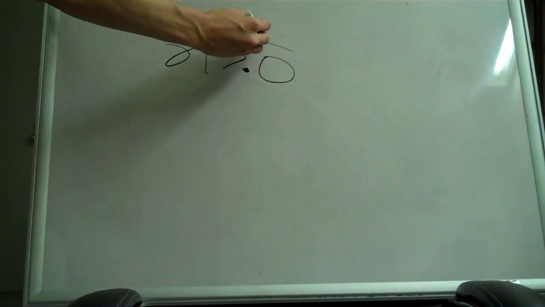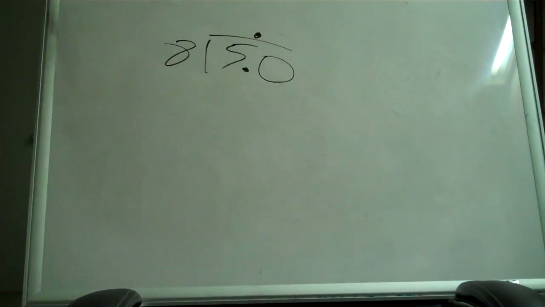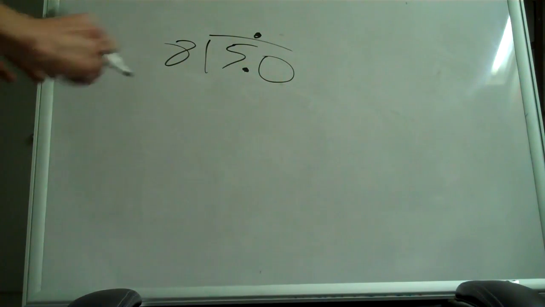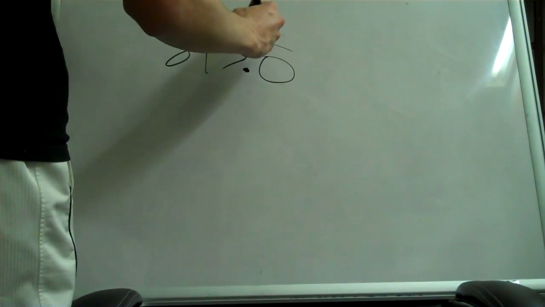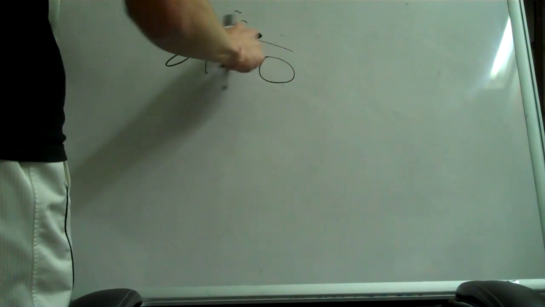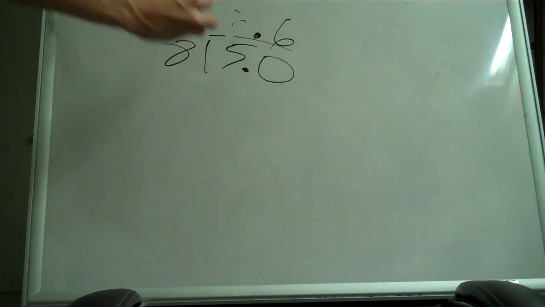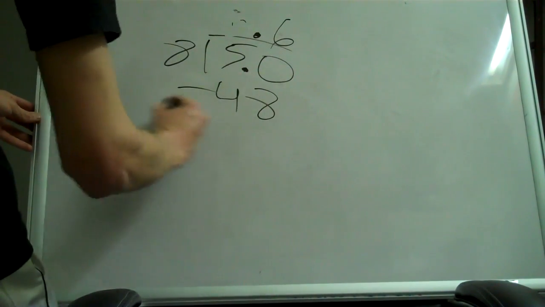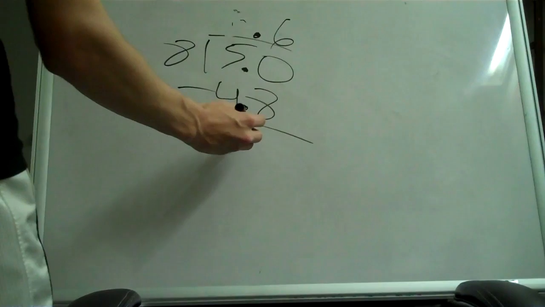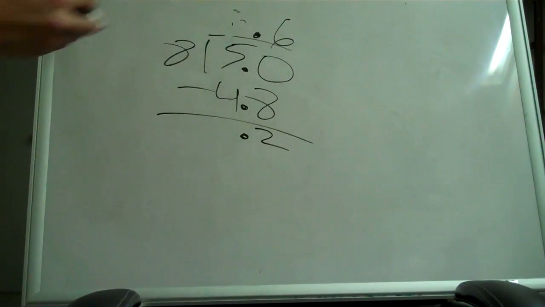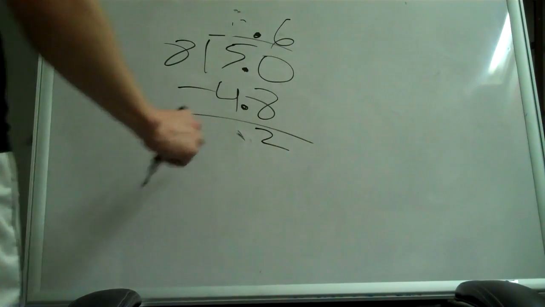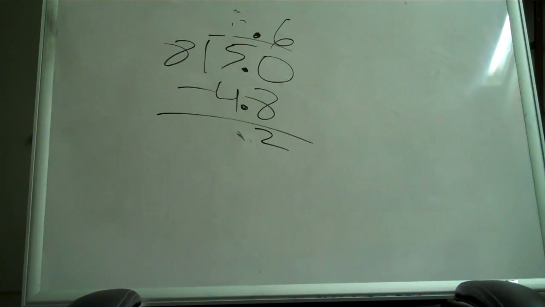Line up your decimals whenever you divide like this. 8 into 50 is going to be 6. 48 minus... 50 minus 48 is 0.2, but you don't have to worry about that decimal right now.